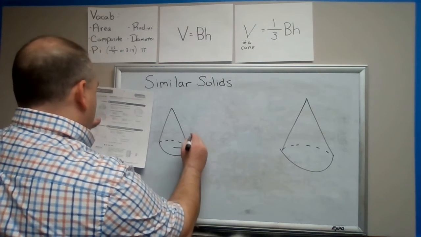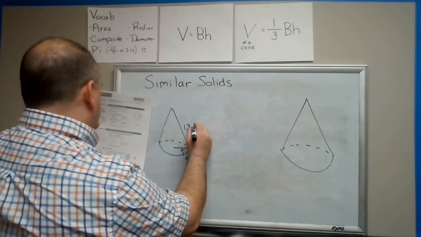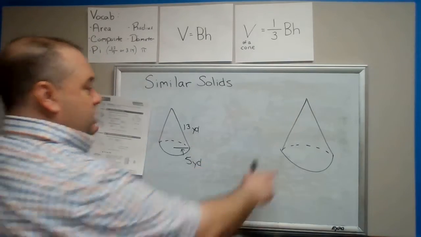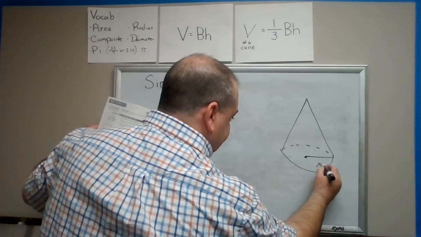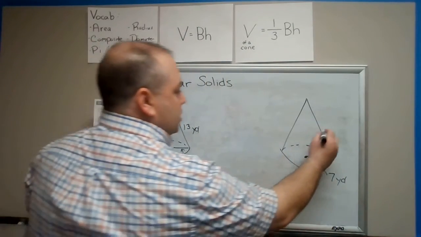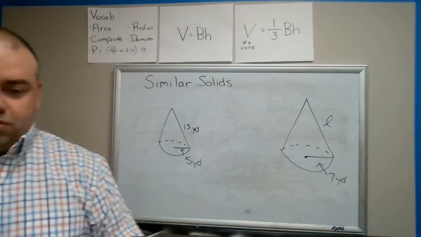And I'm going to say the slant height, not the height, but the slant height, is 13 yards. Now over here, the bigger one, I'm going to make that 7 yards. And my slant height here is going to be missing. I don't know my slant height. I don't know what it is.